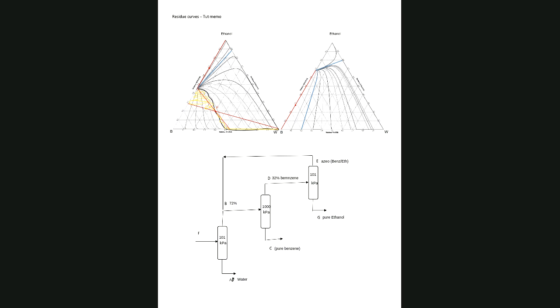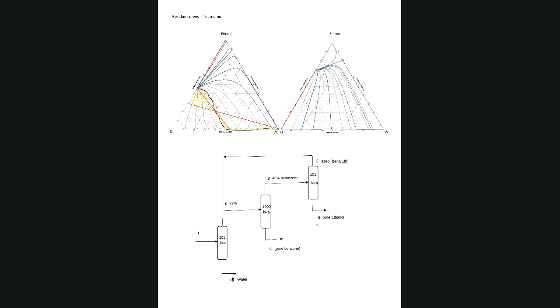The feed is a ternary mixture, so there must be 3 places where each of those 3 components can come out. So here you go, water comes out there, benzene comes out there, ethanol comes out there, so there is a place for everything to come out, and therefore the mass balance is possible.